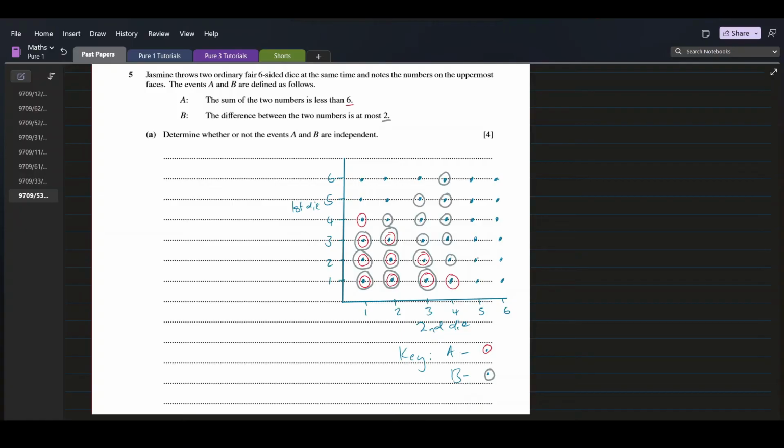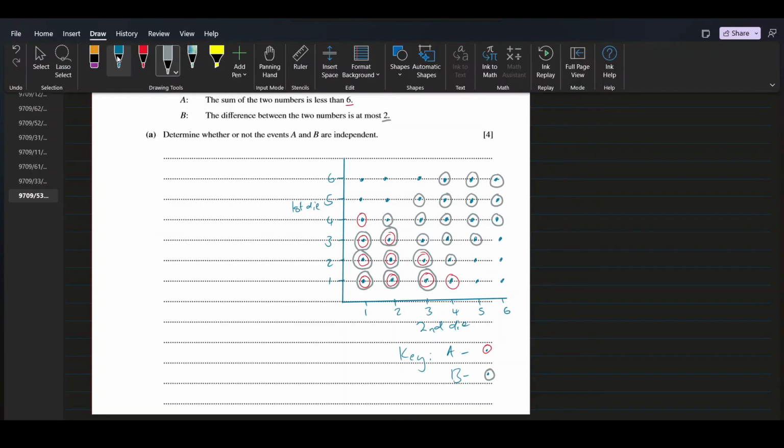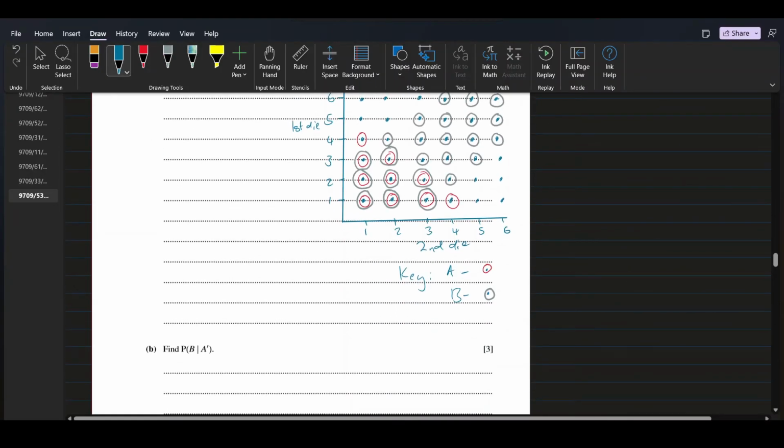And then we have 5 and 3, 5 and 4, 5 and 5, 5 and 6. And then we've got 6 and 4, 6 and 5, 6 and 6. And that's everything. Now let's write down the key for the intersection.